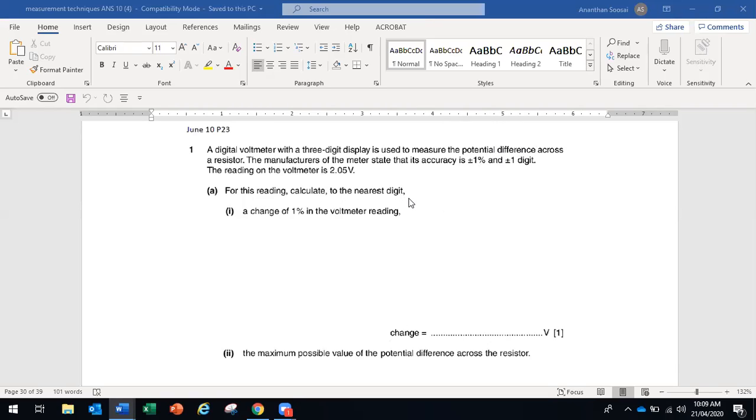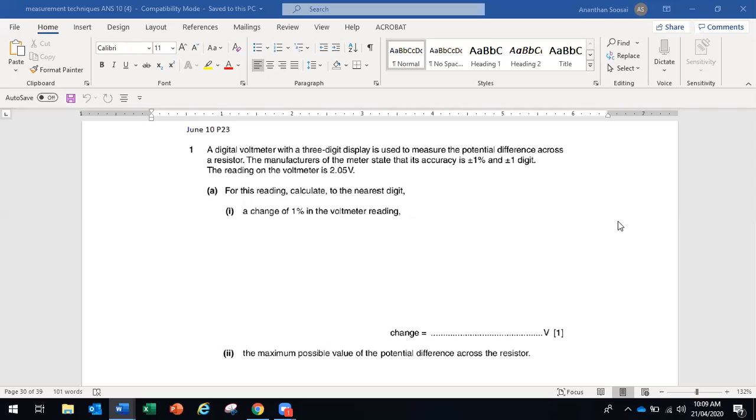The change of 1% of the voltmeter reading. So what is the change in 1% of this voltmeter reading? So 2.05 times 0.01. Anyone, what do you get? 0.0205. But you must go for one significant figure, so 0.02.